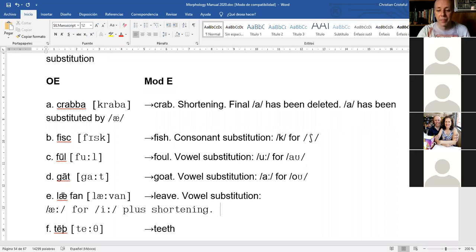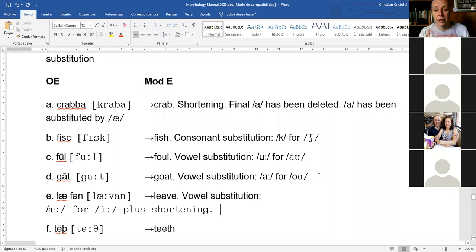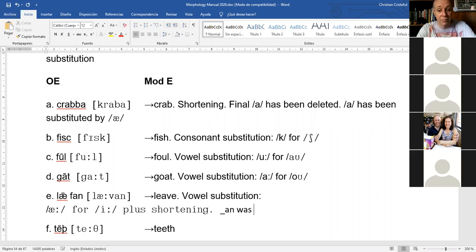The end. Just the end? Only the end? The vowel and the end. So, "an" was deleted. Correct? Yes. So, "an" was deleted, and we just say leave, not leavan. So, there were two processes there.